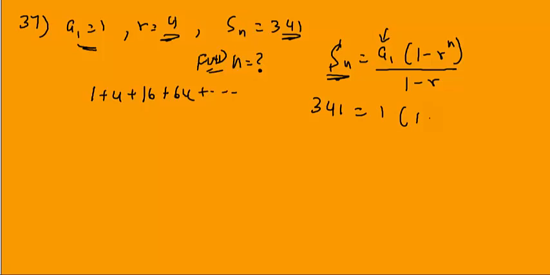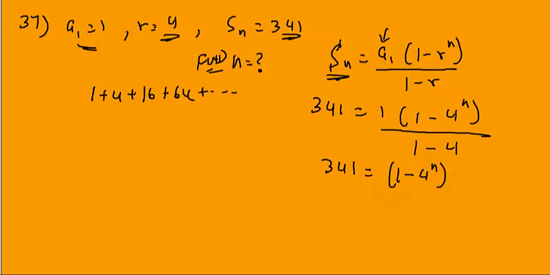And then I have 1 minus r. The r is given to me, which is 4. And I don't know what the n is. So I have 341 is equal to 1 minus 4 to the n, all that over negative 3.